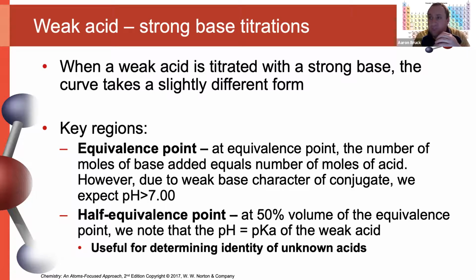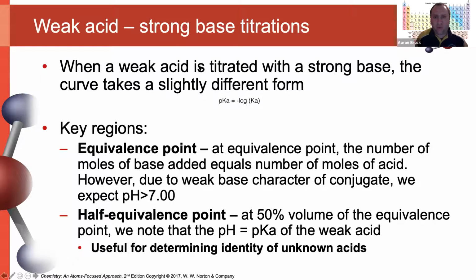The half equivalence point applies when we look at weak acids and weak bases, because a really interesting phenomenon takes place there. For a weak acid, the pH at the half equivalence point is equal to the pKa for that acid. And the pKa is just the negative log of the Ka for that acid.